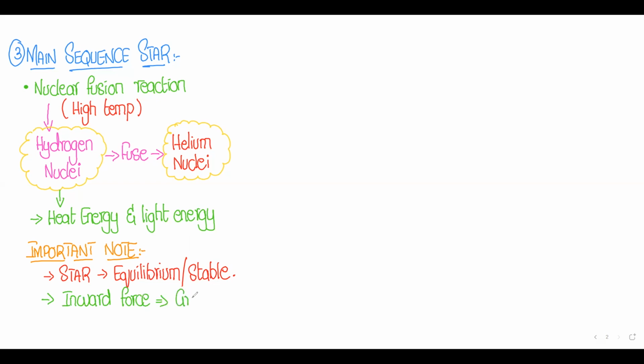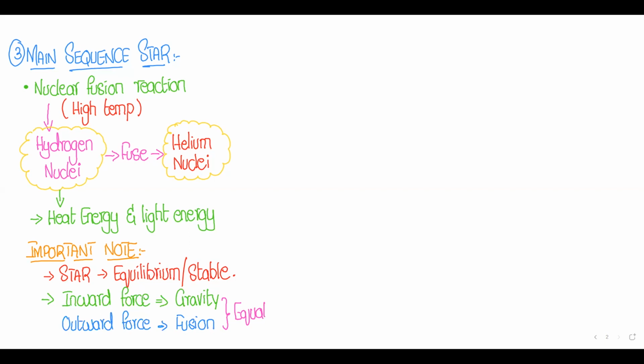And second, we have an outward force, and that outward force is due to which reaction? Fusion reaction. So the fusion reaction is responsible for this outward force, but at the third stage, these two forces are equal and opposite. So that's why the star is in a state of equilibrium or a stable state, right? So that is the main sequence.